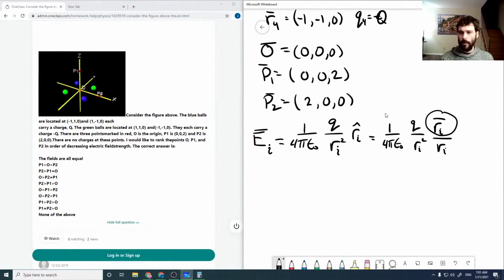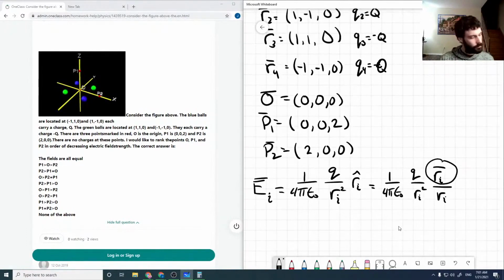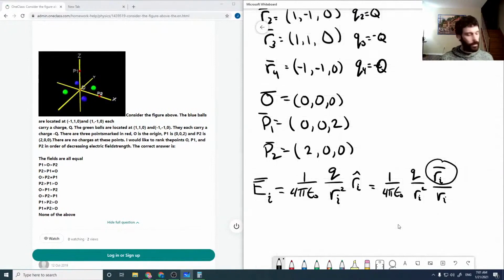And just as a reminder, if we're looking at the distance between a charge, say this is our charge point, and there's our vector P to some point, and this is then our I vector.